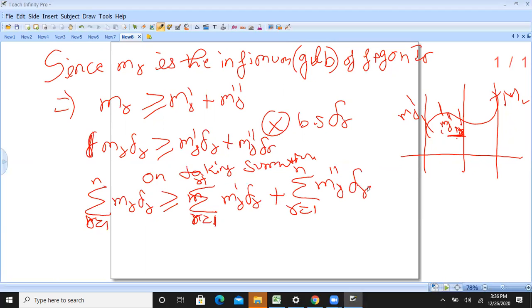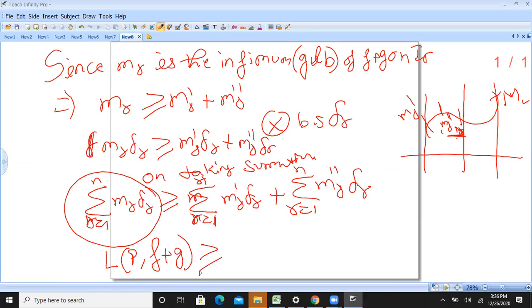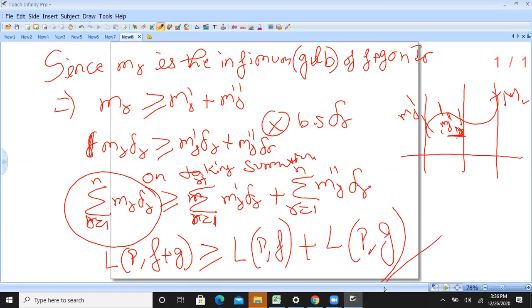So these are the terms. So what happened to these terms? On summation, this whole term, m into delta r, becomes L(P, f plus g). So it is greater than or equal to L(P, f) plus L(P, g). This is your second proof.